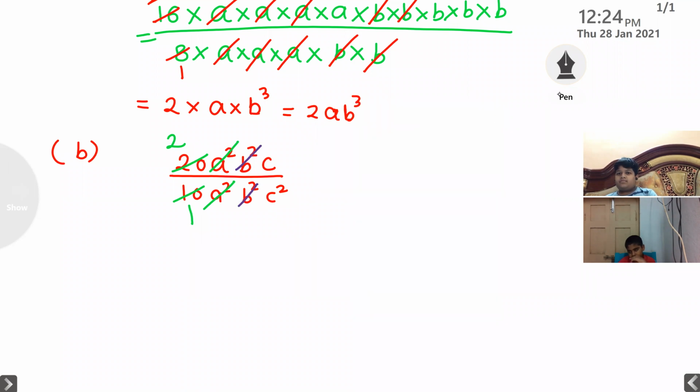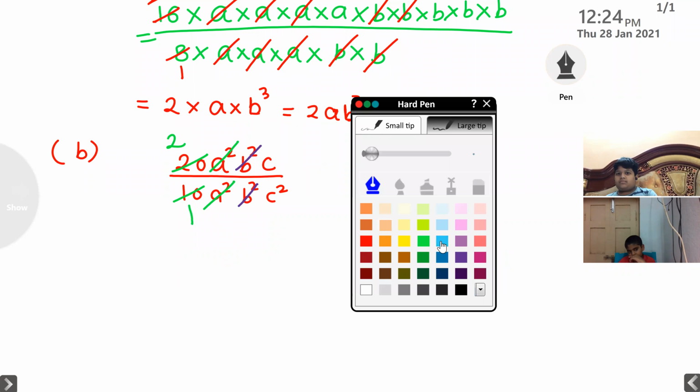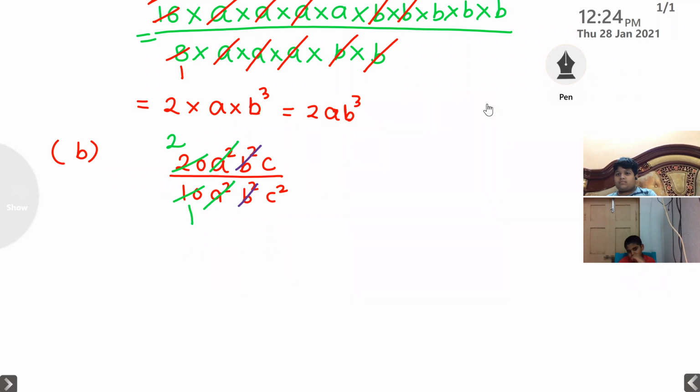Now last term you are observing, student, c is 1 and c is 2 is down. 1c is up and 2c is down. It means 1c will remain down. Our answer is 2 upon c. This is our answer. Make it fast, everyone.